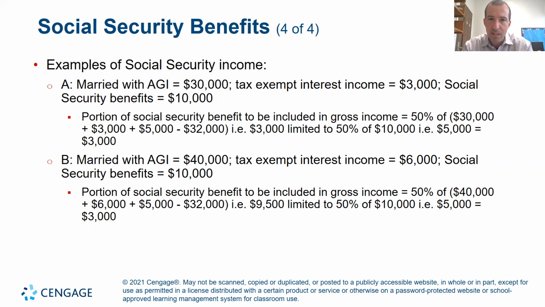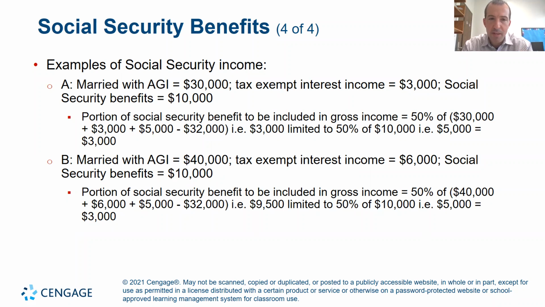Let's do the calculation. We take the $30,000 plus the $3,000 plus the $5,000 minus the $32,000. So $3,000 of the Social Security income is limited to the 50% taxable rate.